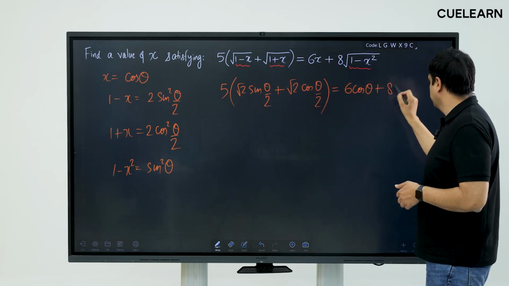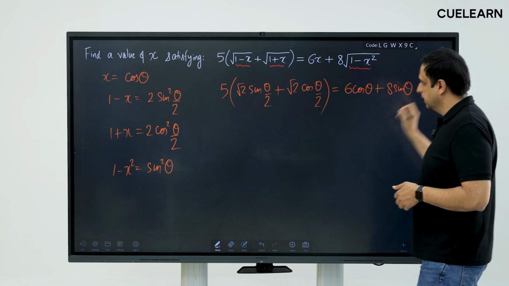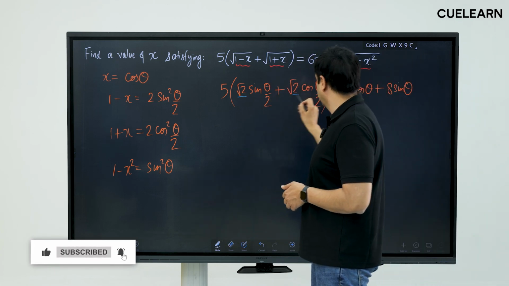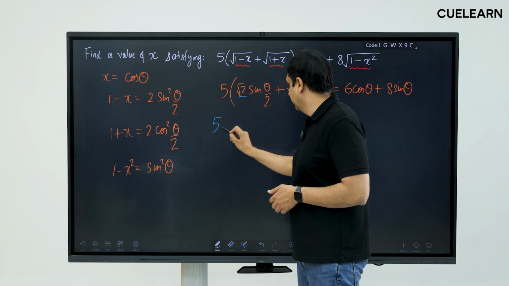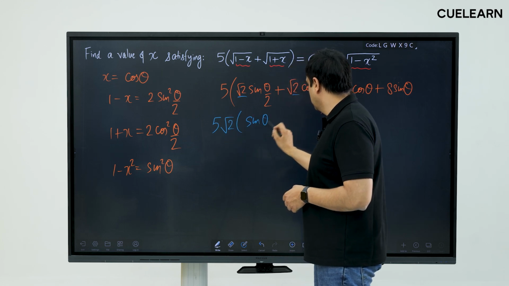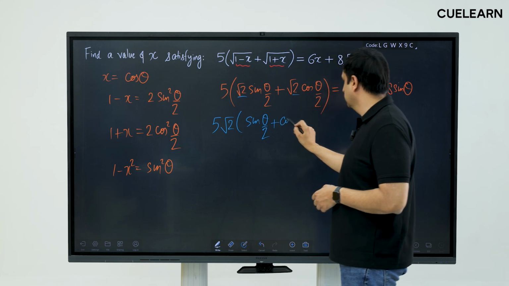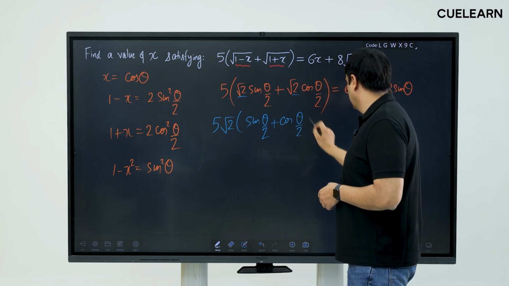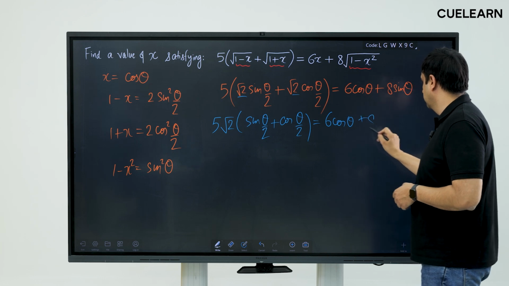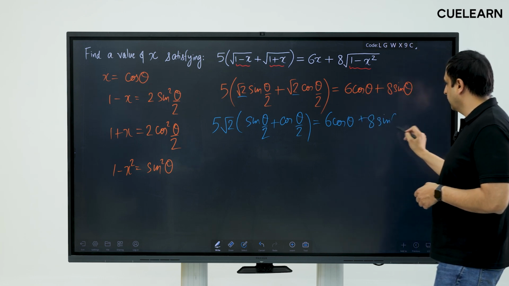So we get 8 sine theta. And if I now take this root 2 common out of the bracket, I get 5 root 2 times (sine theta by 2 plus cos theta by 2) is equal to 6 cos theta plus 8 sine theta. And now this is the equation that we have to solve.